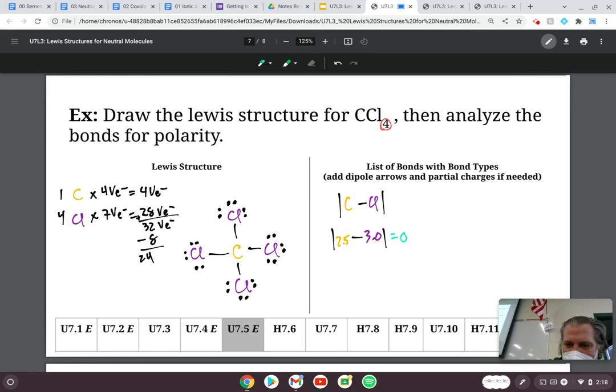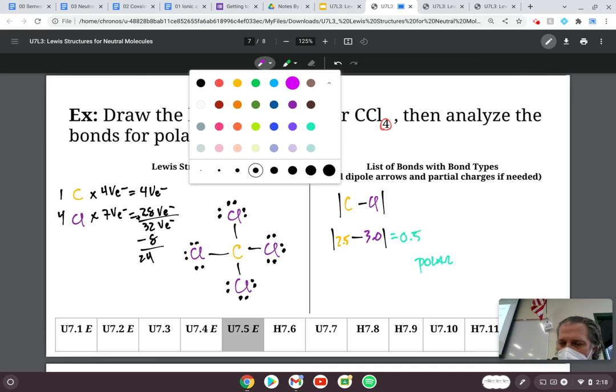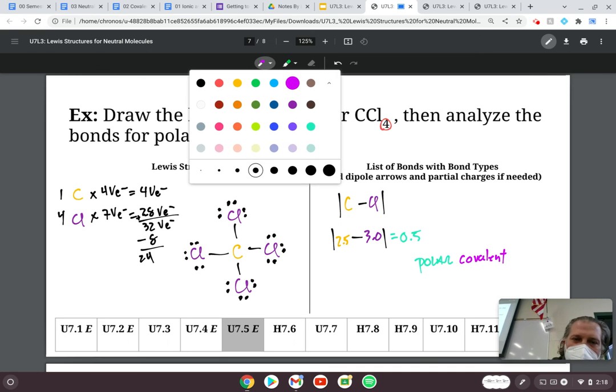Math says that's going to be 0.5, which tells me that this will be, nope, I lied. It will be a polar covalent bond.